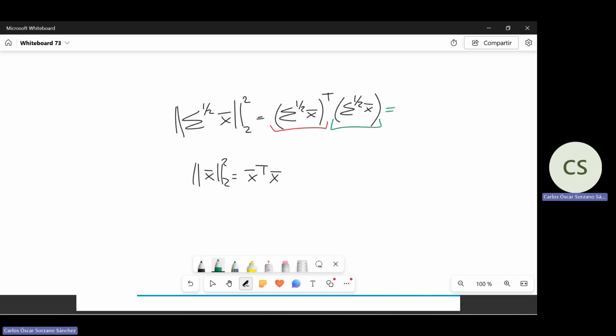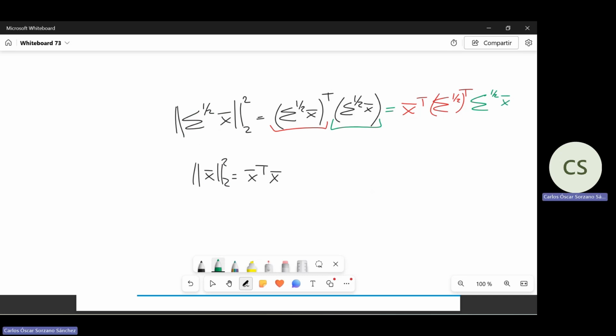Okay, so now the transpose of a multiplication is x transpose sigma one half transpose, and then the other term is unchanged, sigma one half x.